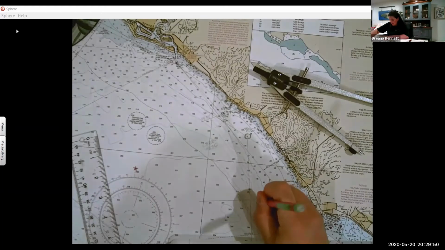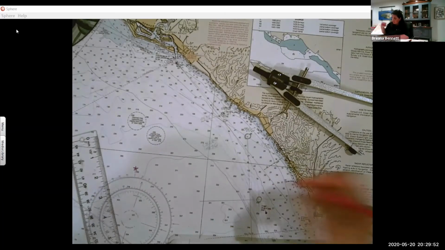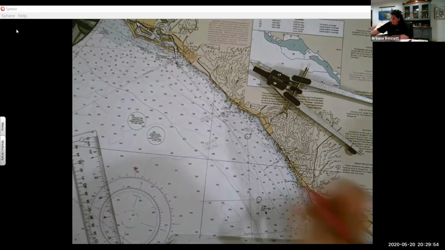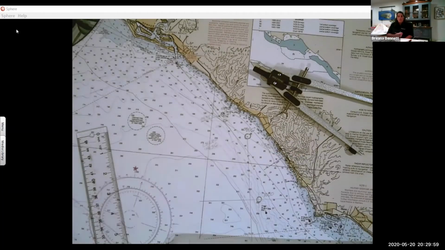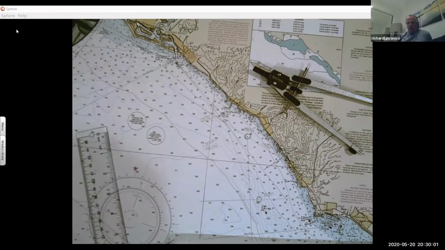I have a bow beam position right there at 10 o'clock. You just took your compass and measured 2.8 out from your building? Correct.